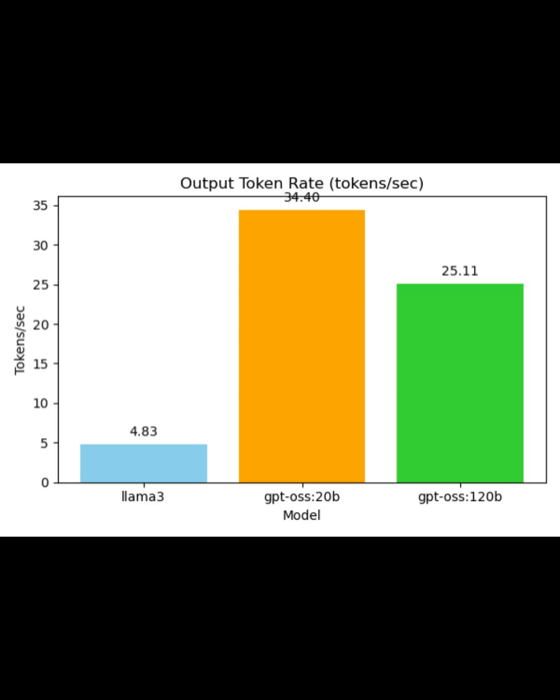So in summary, if speed and latency matter to you, whether it's for real-time apps or scaling up user loads, GPT-oss 20B is the clear winner, with GPT-oss 120B also providing strong gains. Llama 3 obviously falls behind both on tokens per second and overall duration.